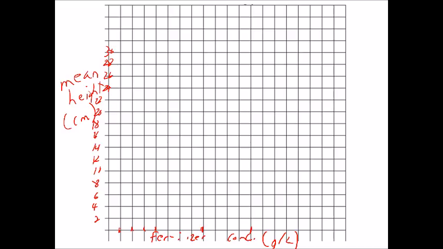So for the 20 gram per liter sample, our mean is 15.8. So we're going to come over here. We're going to draw up a bar to about 15.8. Maybe like so. For the 40 gram per liter sample, 21.2 is what we're looking at. So we need to go up to 21.2.